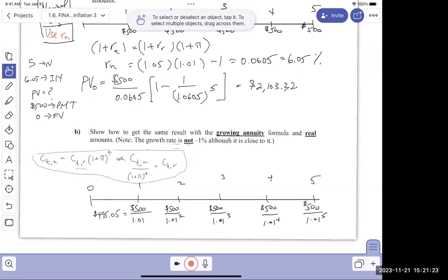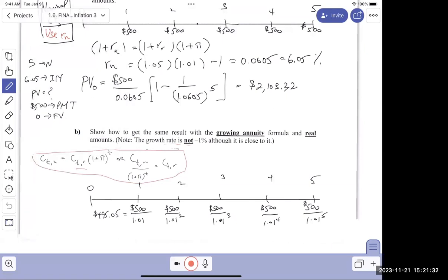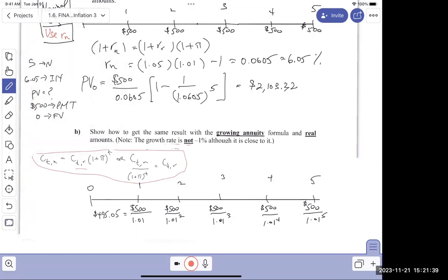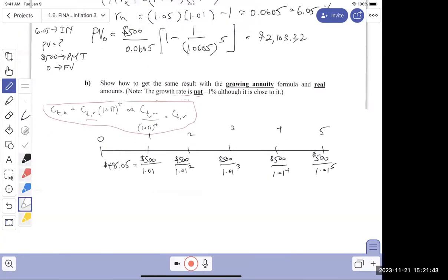Let's review what's in the formula for a growing annuity: PV0 is equal to C1. So I need C1.